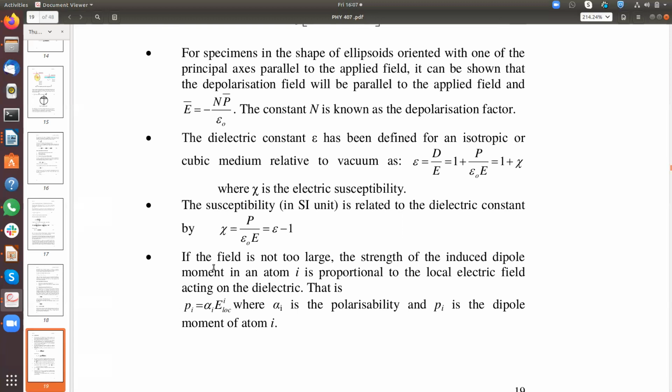So if the field is not too large, the strength of the induced dipole moment in an atom i is proportional to the local electric field acting on the dielectric. So what this is trying to tell us is that Pi is equal to alpha i E-local, where alpha i is the polarizability and Pi is the dipole moment of atom i.